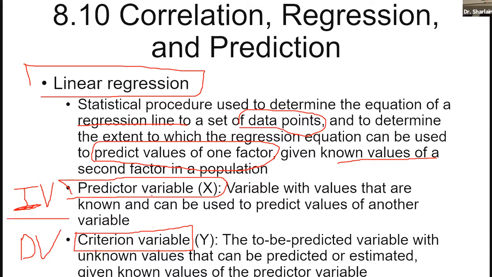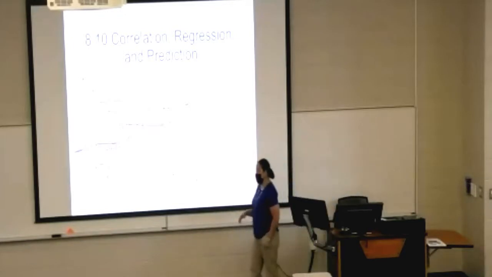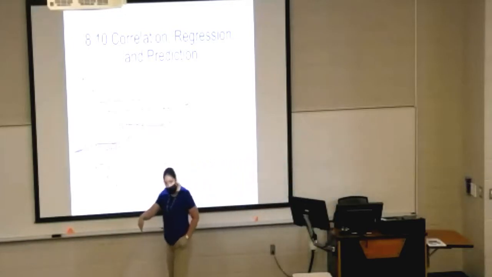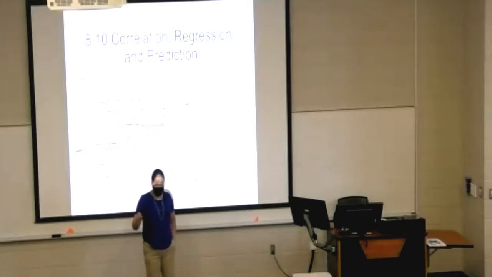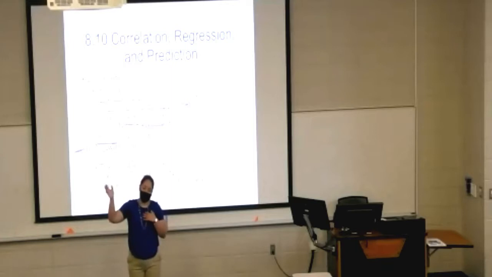So my IV is that known variable. And my Y is the variable that I'm trying to predict or estimate based on what I do know. So if I know when X happens, if X goes down, so that's my predictor, I'm trying to use my criterion and say, if X goes down, that means that Y would go up, right?